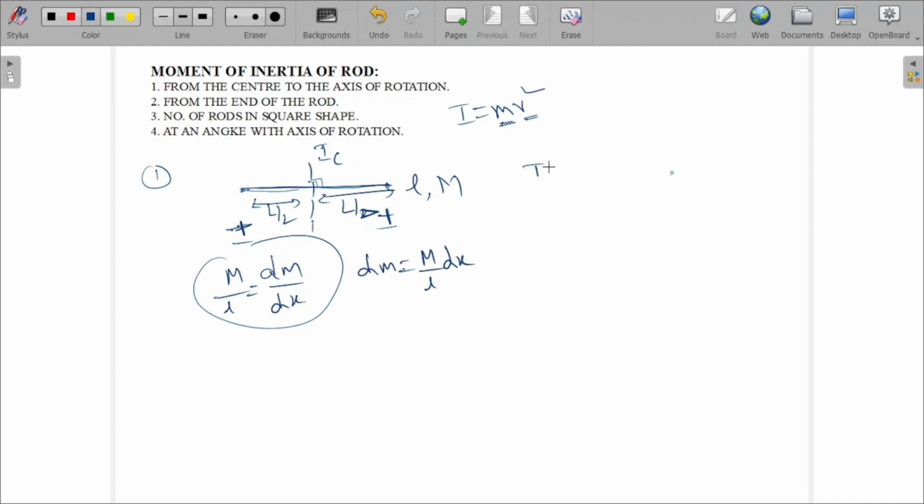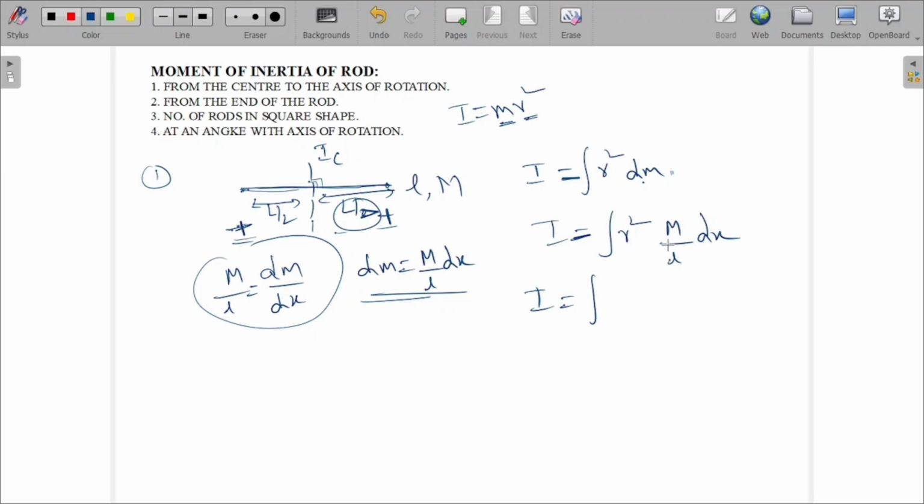Already we know the formula to find the moment of inertia. I equals integral r square dm, where r is the perpendicular distance. Here what is the perpendicular distance? L by 2. So I equals, from where to where? Minus L by 2 to plus L by 2. So r square dm is x square times m by L dx.